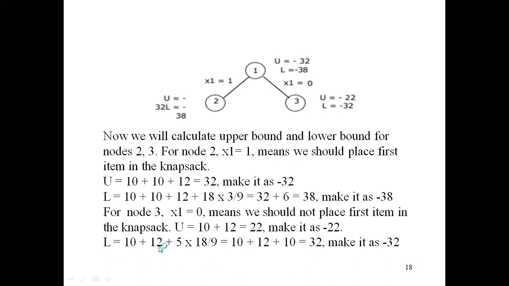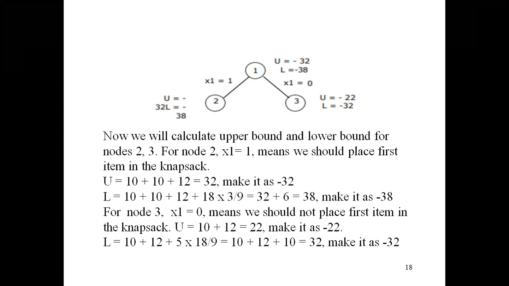So the lower bound is, since we are not considering the first item, the remaining items are: second item profit is 10, third item profit is 12, and for the fourth item you can take the fraction. Since we consider the second item and third item, the weights are 4 and 6, 4 plus 6, 10.